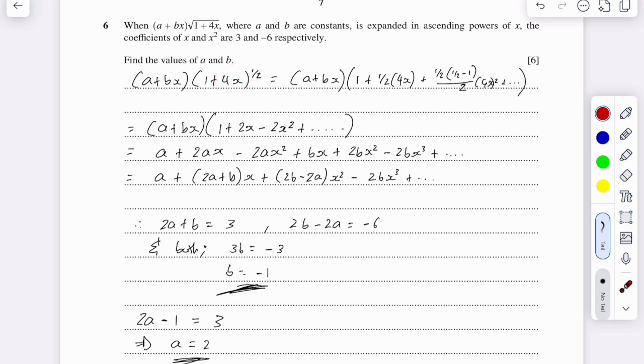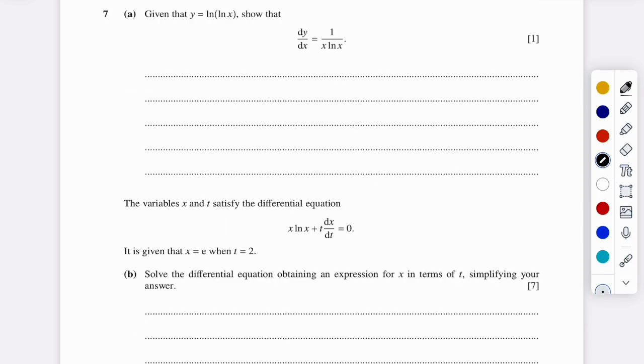We just plug that all in, simplify down to here, expand, factorize, and then get simultaneous equations for a and b. And we get b is equal to -1 and a is equal to 2.